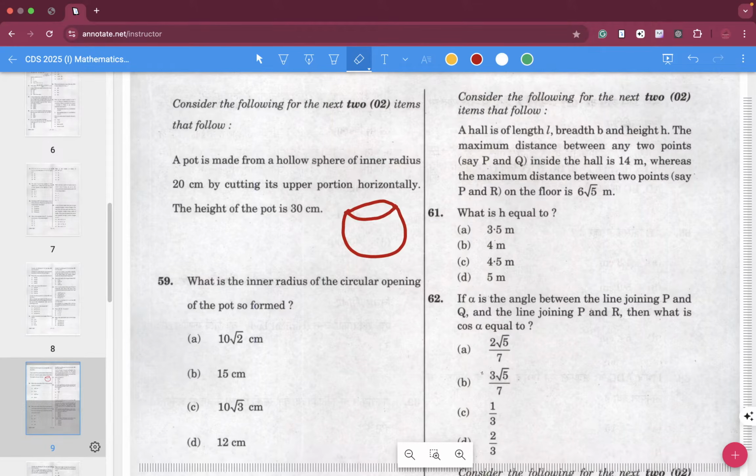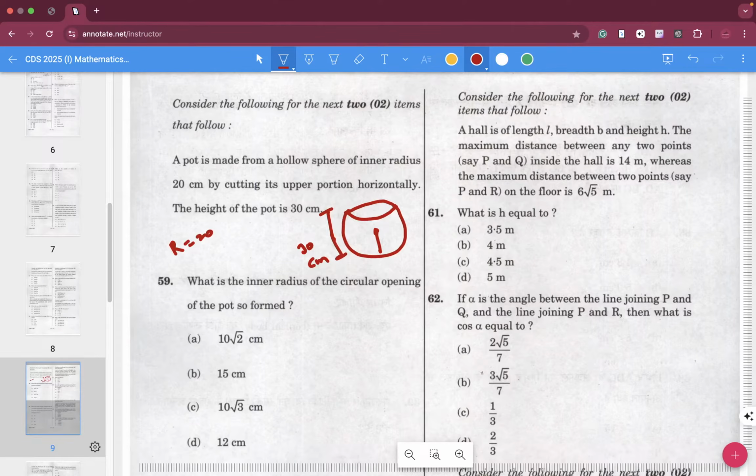A pot is made from a hollow sphere of inner radius. Inner radius means this is your inner radius over here, right? Let's say r is equal to 20 centimeter. And by cutting its upper portion horizontally, the height of the pot, this whole height over here, is 30 centimeter.